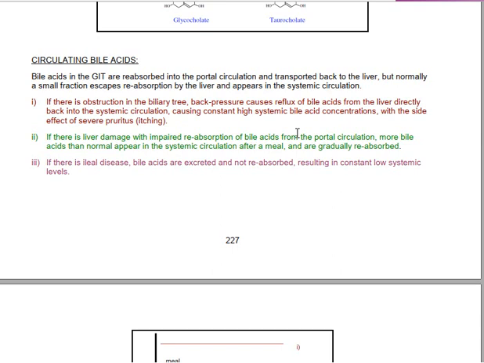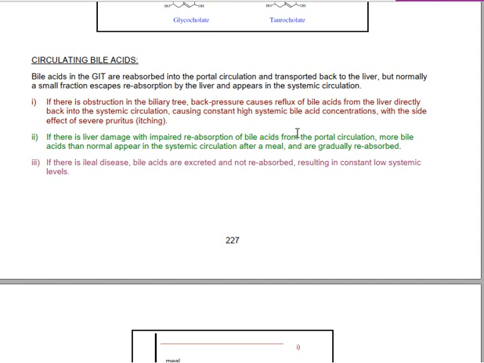Normally the bile acid is taken up from the portal circulation, but the liver is not going to secrete it back into the bile canaliculi. Is it clear? So you're going to have accumulation also.